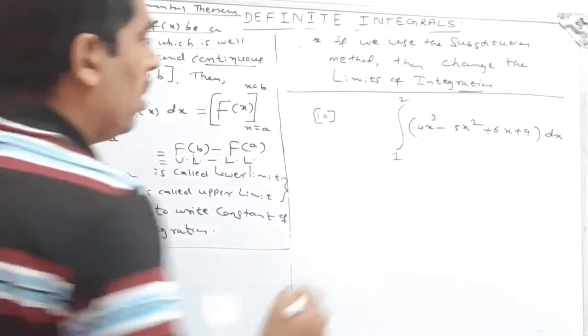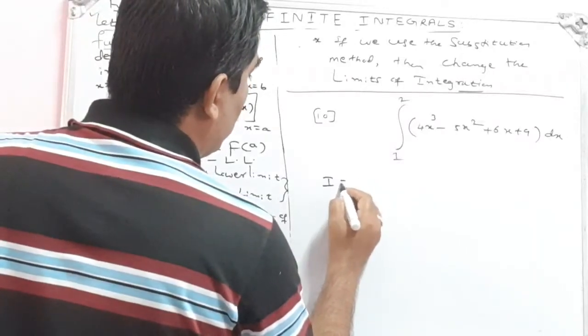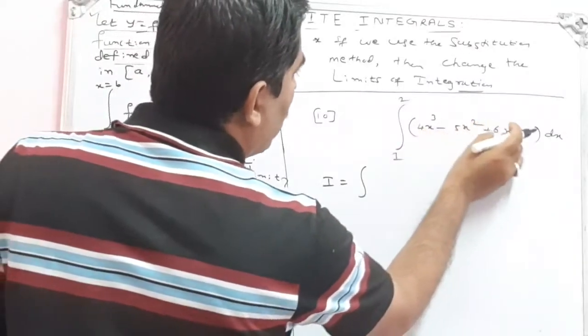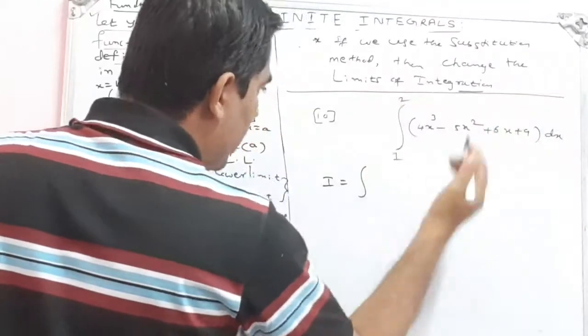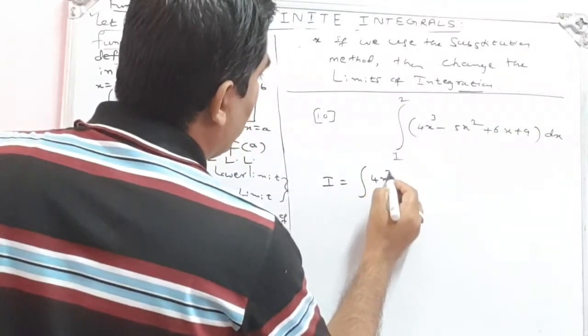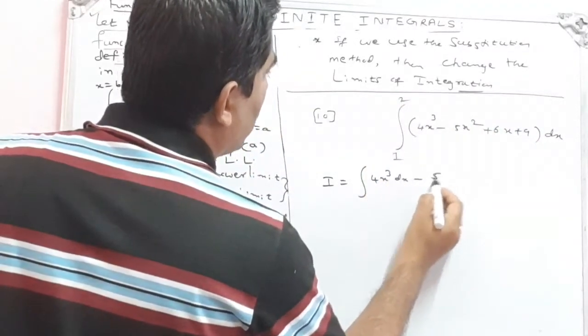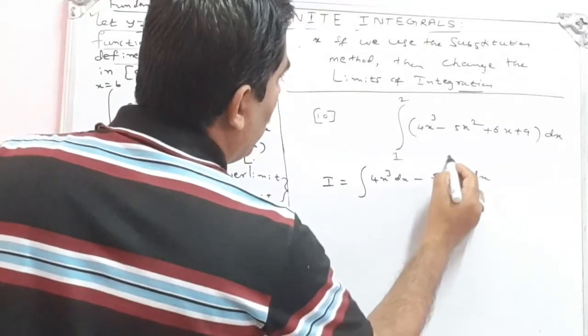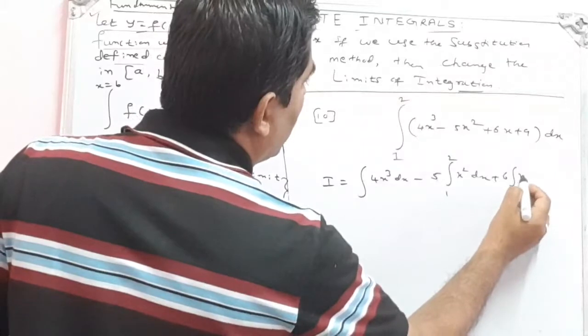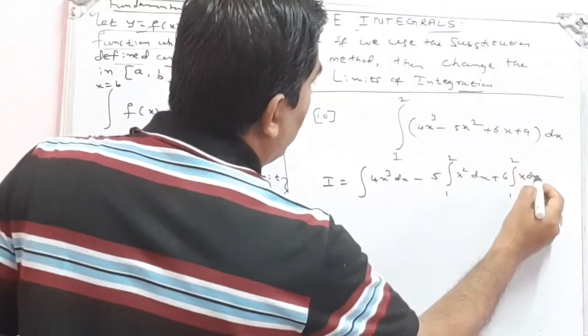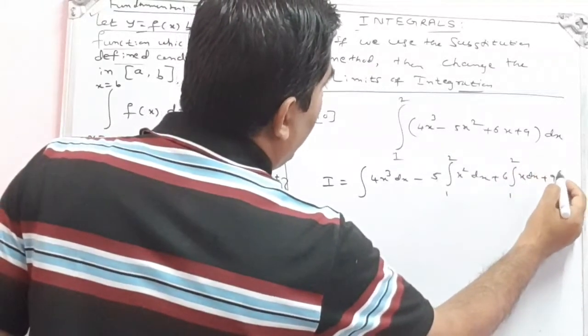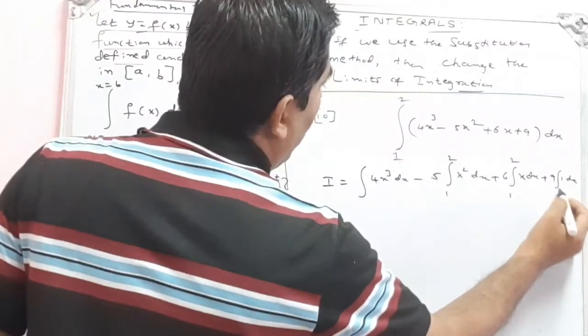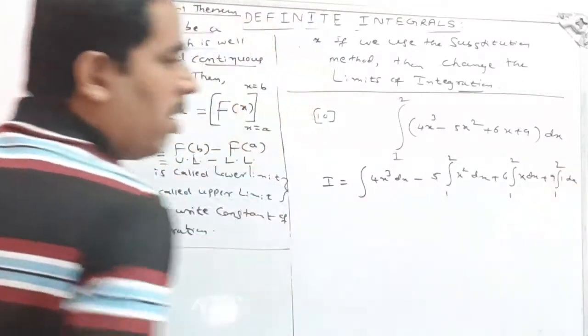Observe carefully. There are 4 terms, so you integrate each and every term. Integration of 4x cube with respect to x, write the constant outside, then integration of x square from 1 to 2, plus 6 into integration of x with respect to x, plus 9 outside, integration 1 to 2.